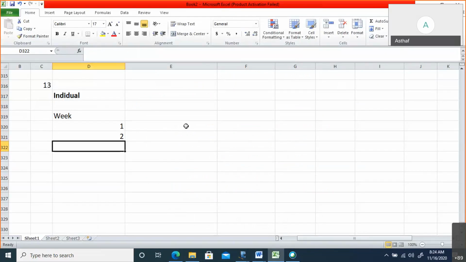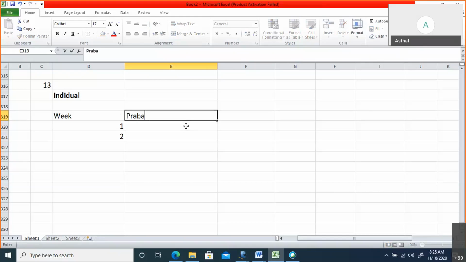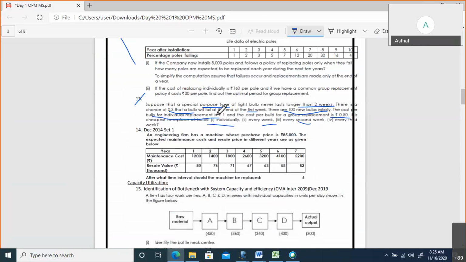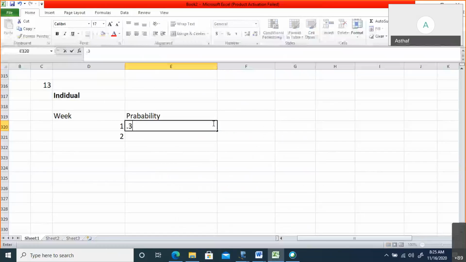That is a wrong question because the life itself is 2 weeks. Since the life of the bulb itself is 2 weeks, we cannot go more than that. So first we will move to probability. The first week it is 0.3.